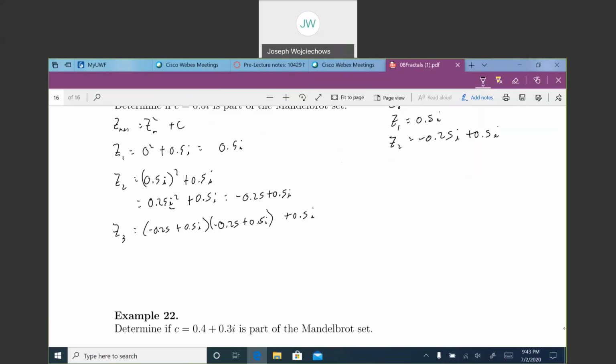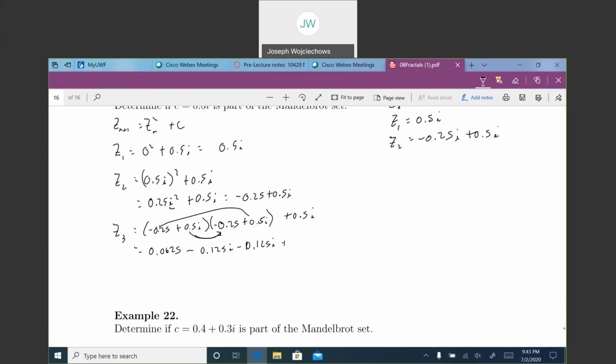Negative 0.25 squared is 0.0625. Now we're doing outer first, sorry. Negative 0.25 times 0.5i is minus 0.125i, and this here is minus 0.125i.